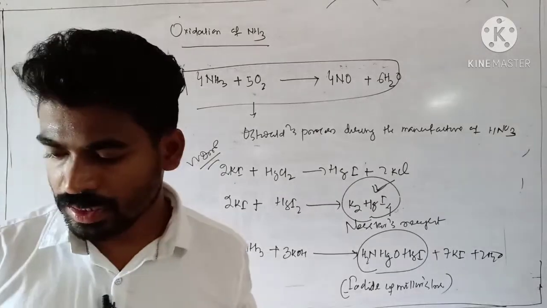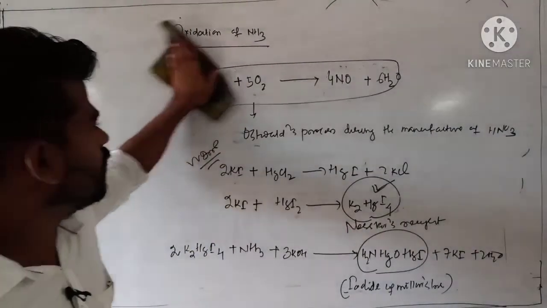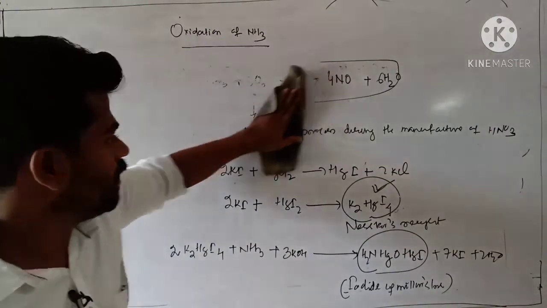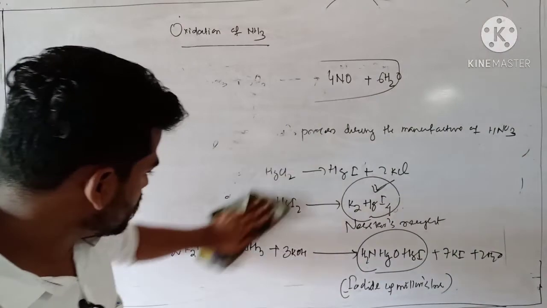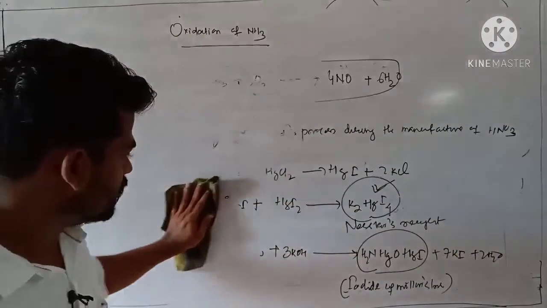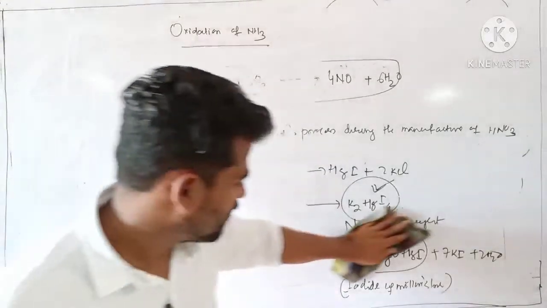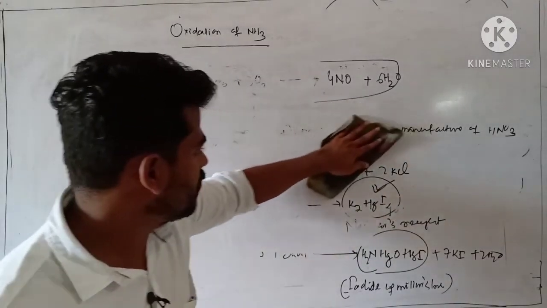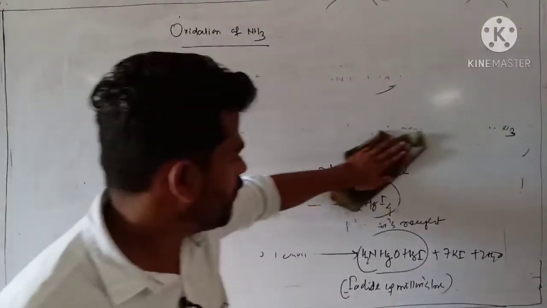Next, let us discuss the uses of ammonia. Ammonia has a very pungent odor, and it is present in various nitrogenous matter found in living organisms.